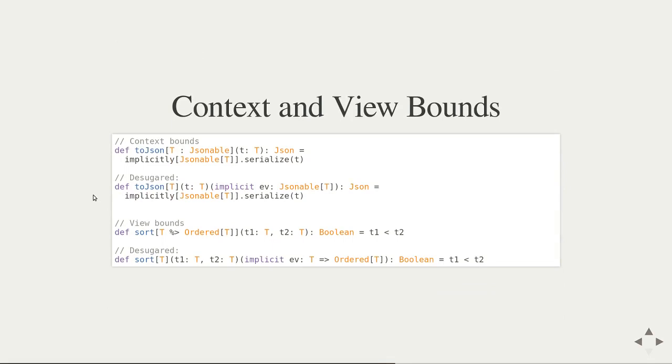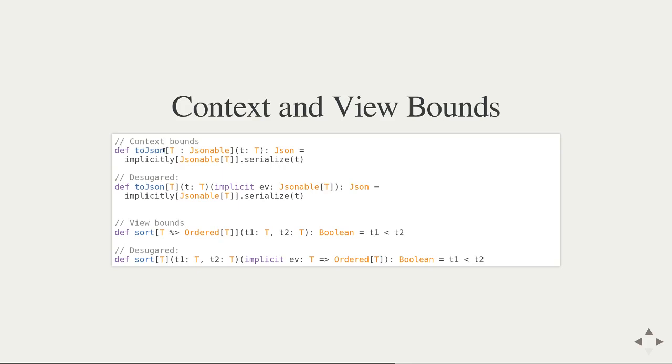And then context bounds and view bounds. Again, this is like making an object appear to be of a type other than what it is, because you have a function that can convert it to that other type. These are both syntactic sugar on top of the syntactic sugar of implicits.